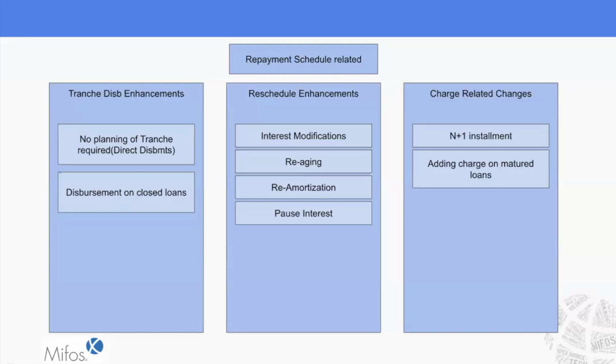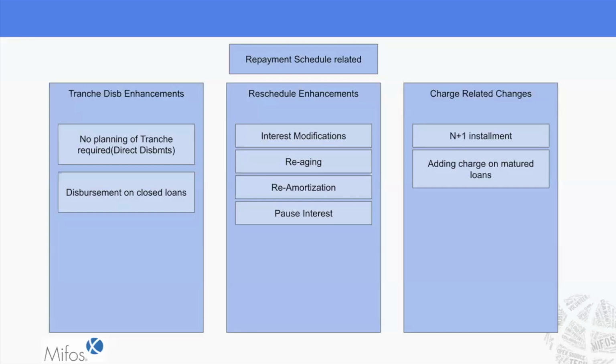And we have introduced adding charges after the maturity date as well. So whenever we add these charges, they are tightly coupled with an installment. Whatever the date we add the charge, it has to be collected on the next installment date, right? So what about a charge added after the maturity date?